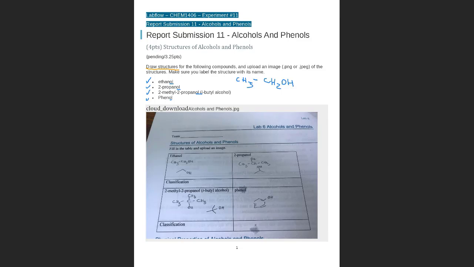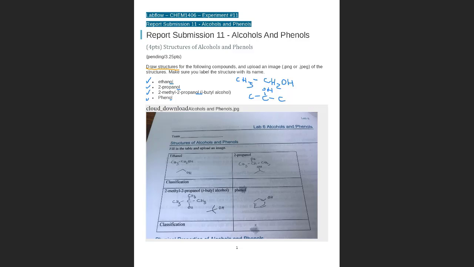2-propanol. Prop, you learned propyl, has 3 carbons. So we are going to write the carbon chain with 3. And then it says 2-propanol, which means that the OH is on carbon 2. Very good.